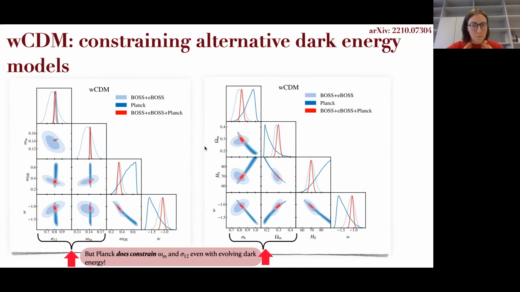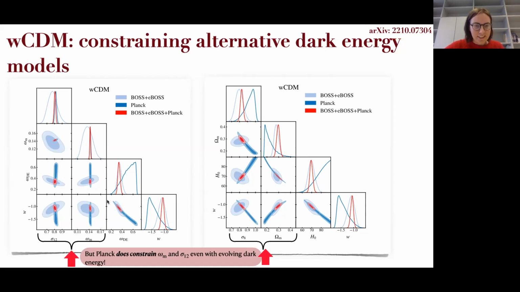However, very importantly, Planck does actually also constrain the clustering amplitude today, sigma 12. And that might seem a little bit unexpected at first, because if you looked at sigma 8, you saw this really wide contour and you thought, oh yeah, I guess Planck doesn't know what clustering amplitude is supposed to be today.